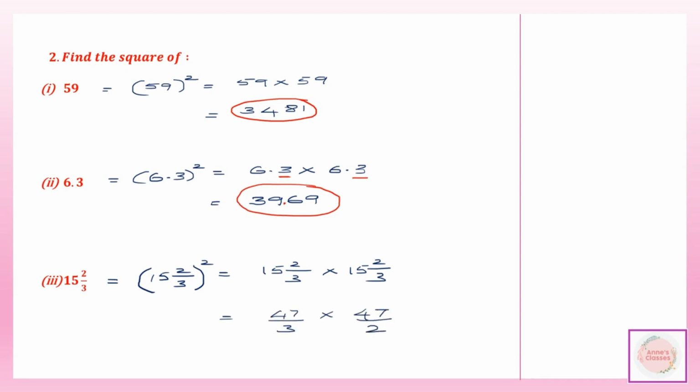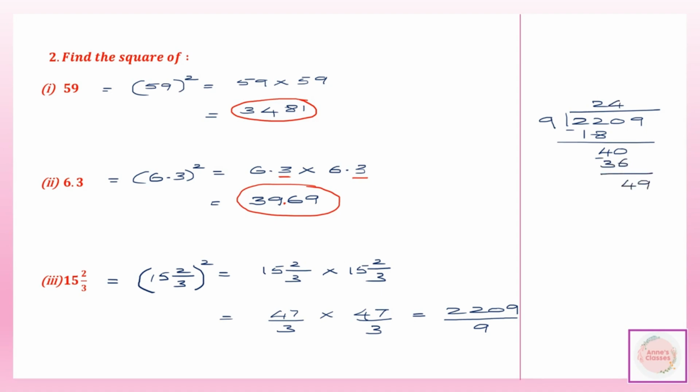So we multiply 47 into 47, you get 2209, divided by 3 3's are 9. So 2209 by 9, now we have to convert it to a mixed number. Let's do that. 2209 divided by 9. 9 2's are 18, minus, we have 4, we bring down 0, 40, 9 fours are 36. 40 minus 36 is 4.